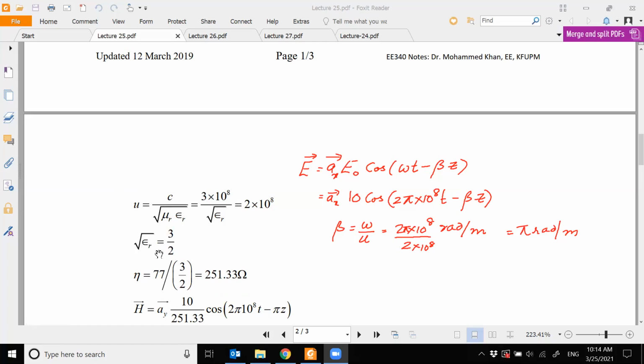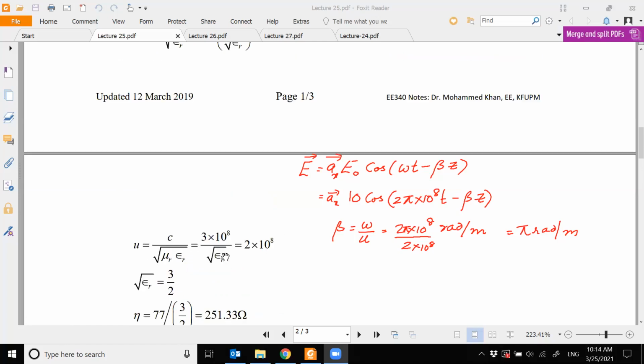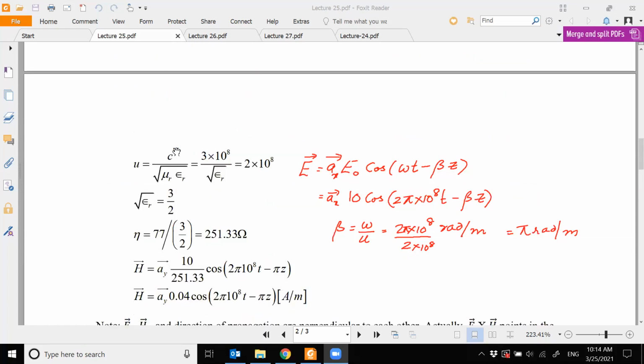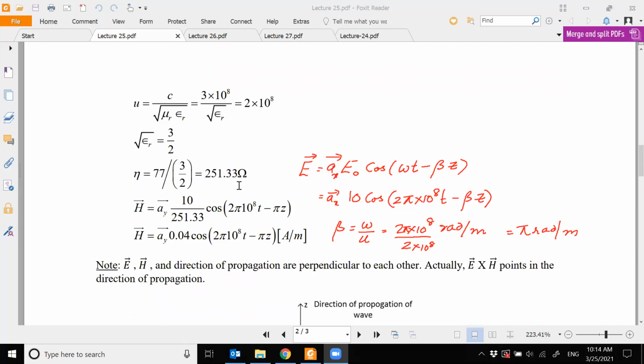And if you substitute this root of epsilon r here, then you will get eta. So eta is 251.33 ohms.